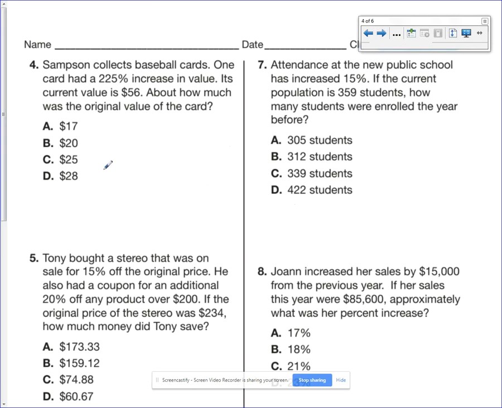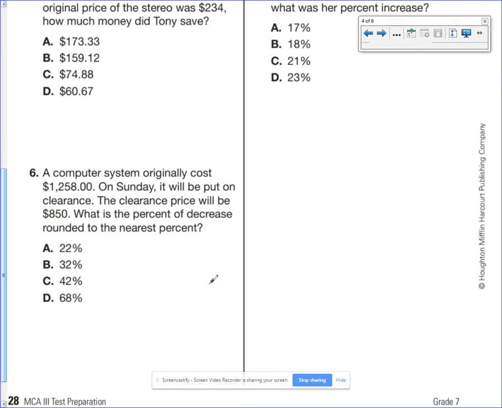When you turn the page over, the other questions here have to do with some sort of percent and value. So what I want you to do is read through these and see if you can decipher and make a best choice with each of these. I want to talk about 6 because that's talking about the percent that something decreased.